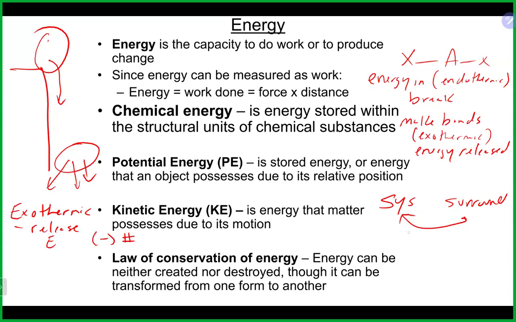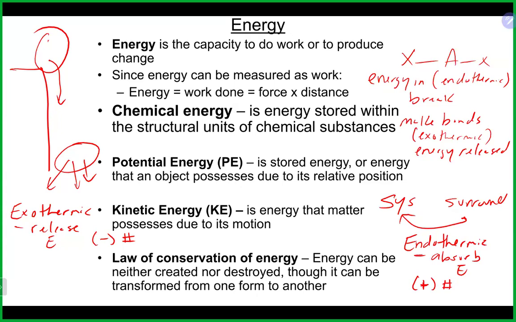And that is the opposite of an endothermic process, which is a process where we absorb energy. And typically speaking, endothermic processes are positive numbers. So if you see a positive number associated with energy and a process, you can feel very confident that it is an endothermic process, absorbing that amount of energy.